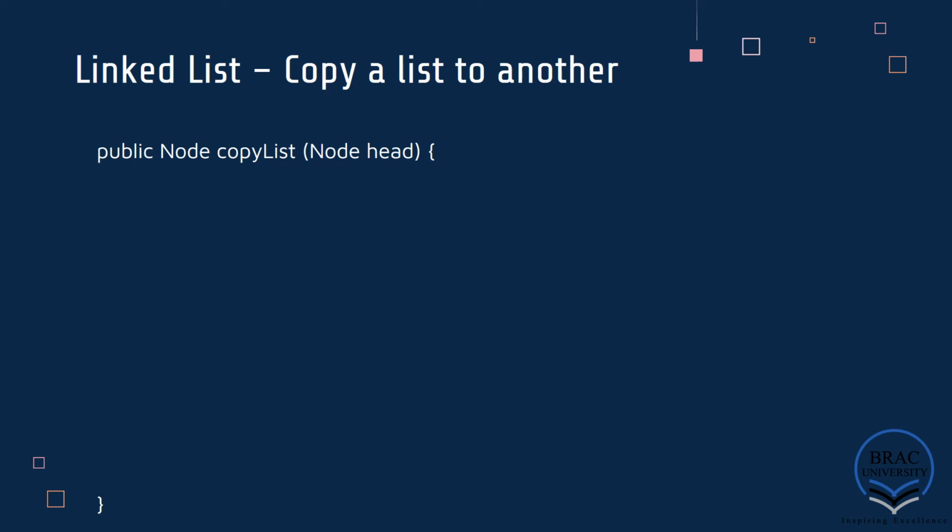We have to go through one list and iterate, creating new nodes which will have the values contained in the nodes of the list to be copied, and then link them. As well, we will need another iterator because we cannot change the value of the head. So we are going to use the tail reference here as well.